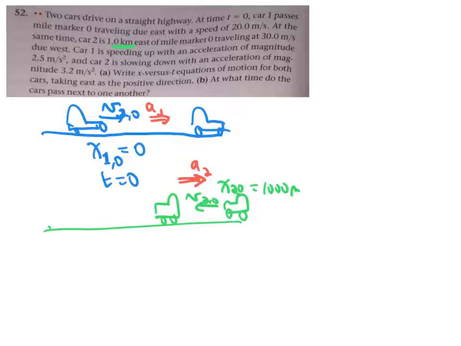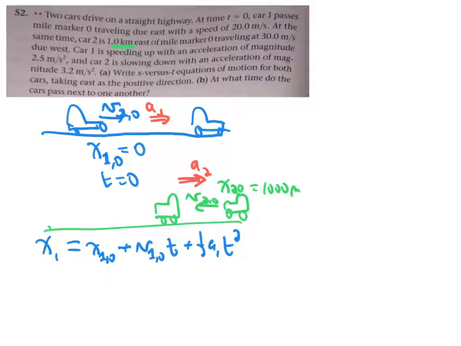And then what we say is for car 1, we know that the position at any time, x1, is going to be where it started, x1,0, plus its initial speed, v1,0, times t, plus 1/2 times a1 times t squared.